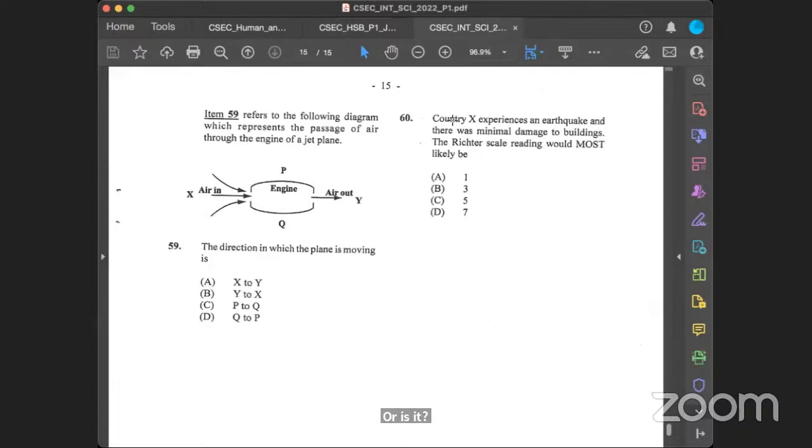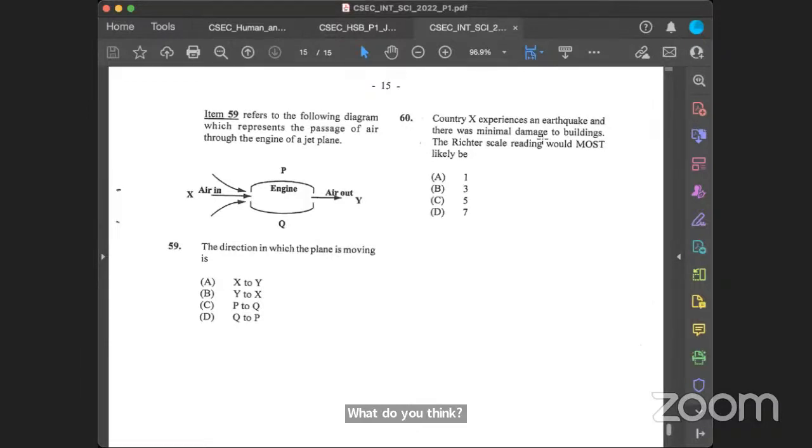B. Country X experiences an earthquake and has minimal damage to its buildings. Minimal damage. What's the reading on the Richter scale? Minimal damage. If it was 7, it would have been very catastrophic. What do you think? 5, sir. 5?